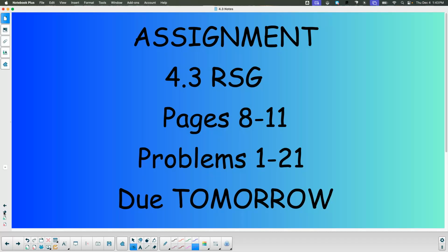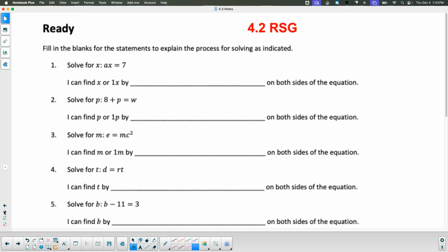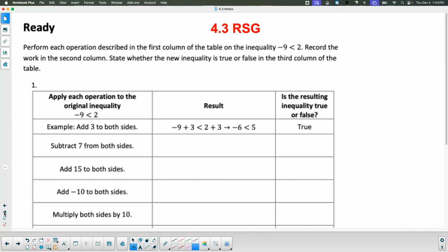Let's take a peek at it. This is for 2s. This is for 3. So number 1 is kind of doing what we did in the retrieval at first. So subtract 7 from both sides on that one. Okay. Looking at those again.